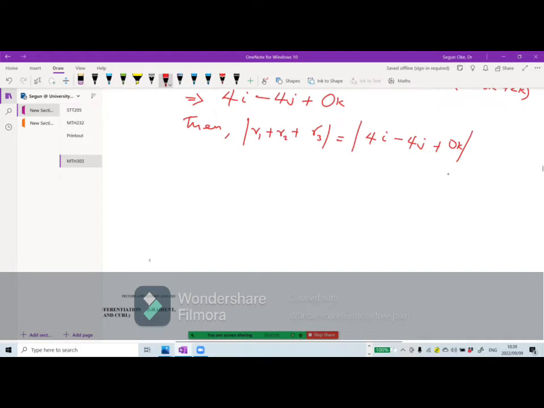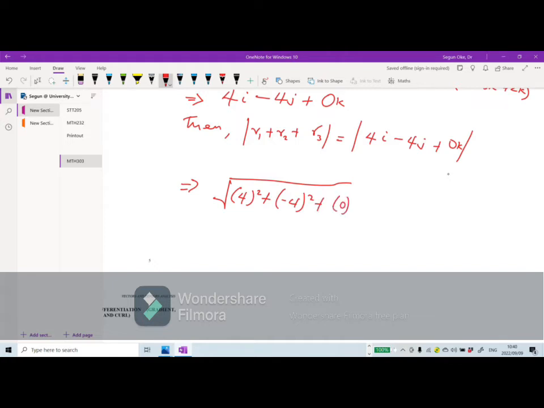So we can now find the square root. The square root of it will be 4 all squared plus minus 4 all squared plus 0 squared. At the end of the day, I will have the square root of 32.